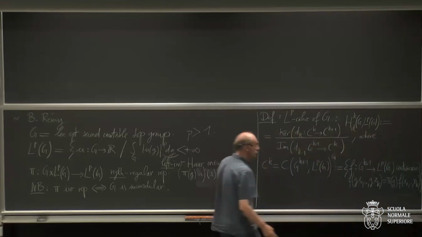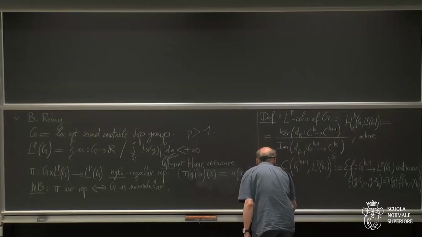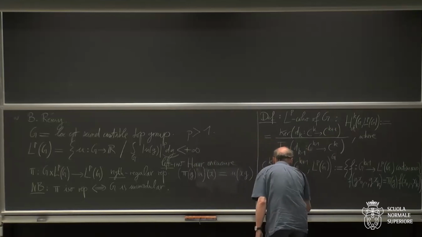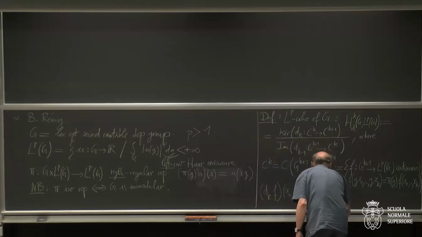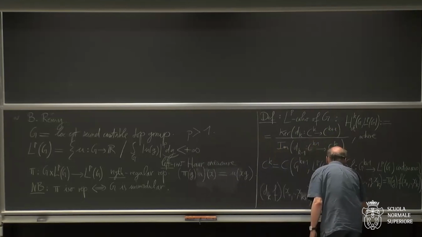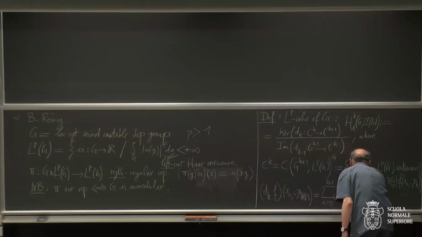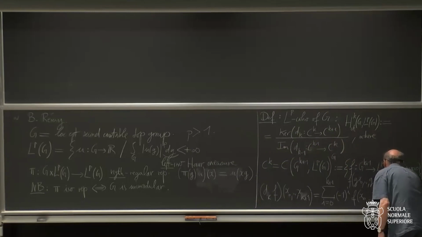And d is the usual differential operator, d^k of f, so at x_0 through x_(k+1) is the sum from i equals 0 to k+1 of (-1)^i f(x_0, ..., x_i hat, ..., x_(k+1)), where x_i is omitted.